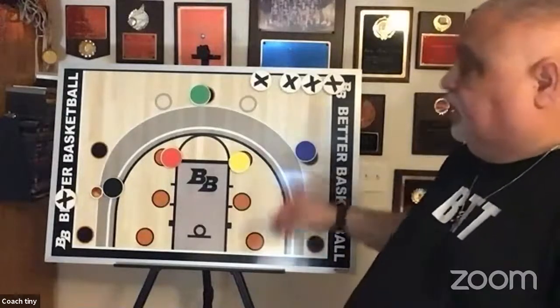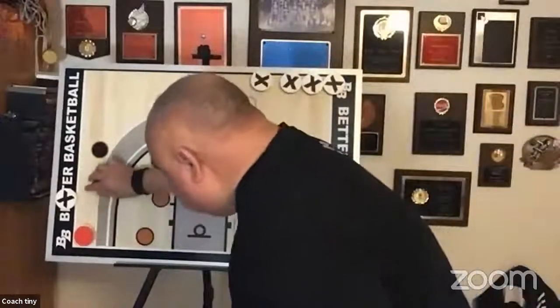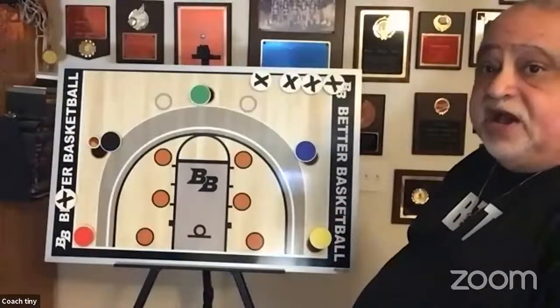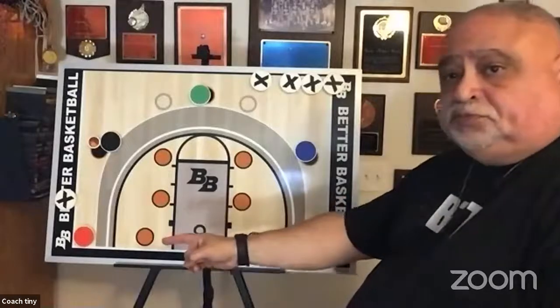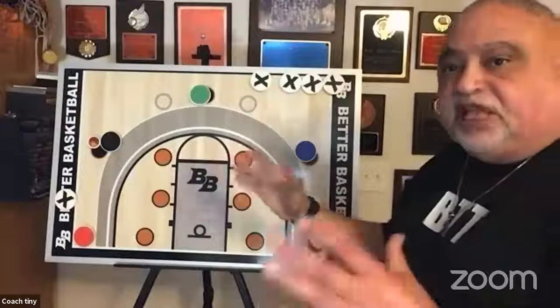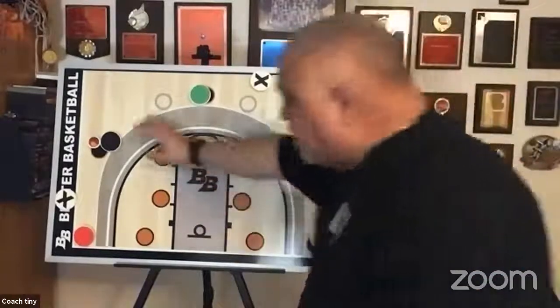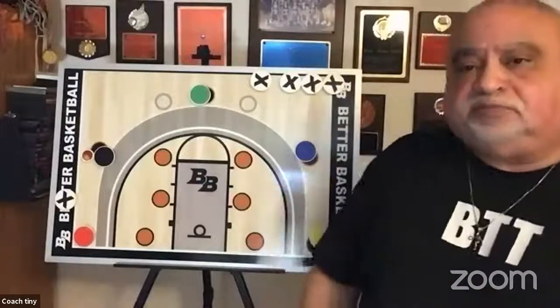Okay? Let me show you the action. With 5 out, I have a player in the corner. And for me to take advantage of the real estate, the big open space, I'm going to take 1 dribble in his direction. What do we do when someone dribbles at me?